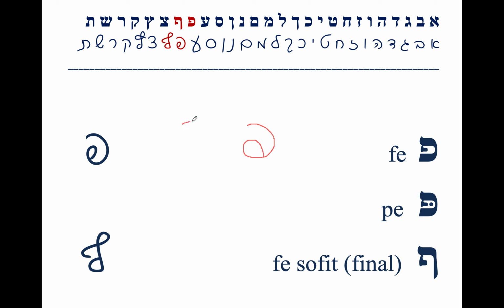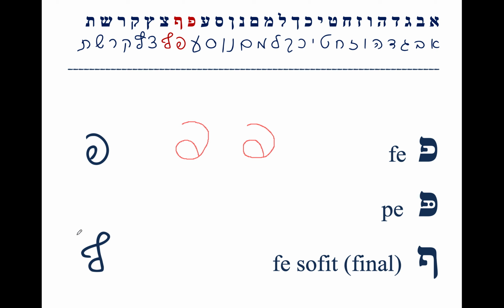Again, fe, and that's fe or pe. Remember, it's the same in modern Hebrew. We kind of read it from context. Fe sofit, final fe, will come at the end of the word, like we said.